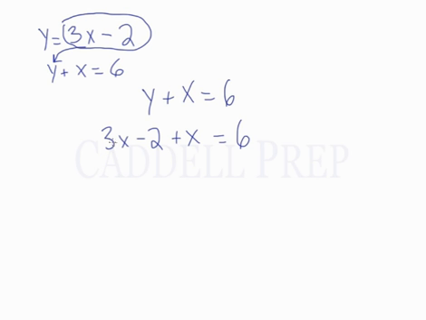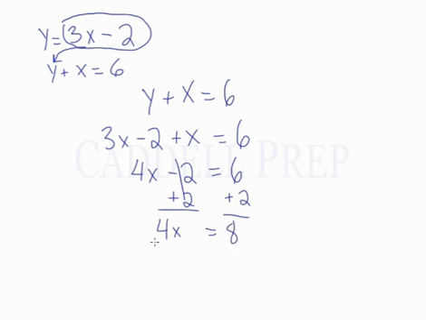Okay, combine like terms. 3x plus x is 4x minus 2 equals 6. Now we'll isolate the x, so we add 2 to both sides. On the left we just have 4x, and on the right 8. Now divide by 4, and we get that x equals 2.